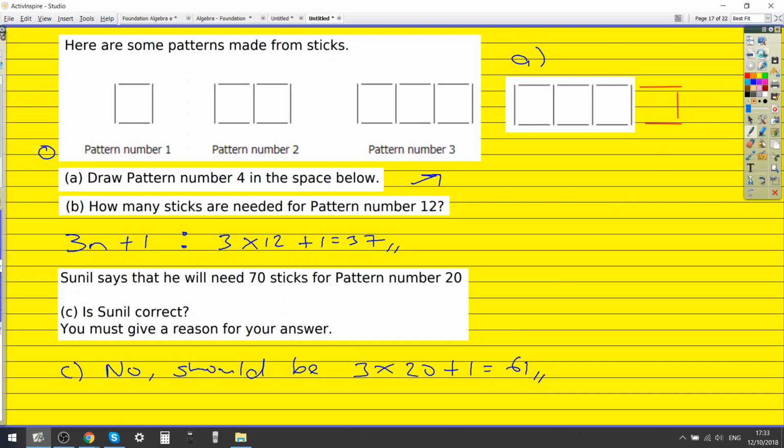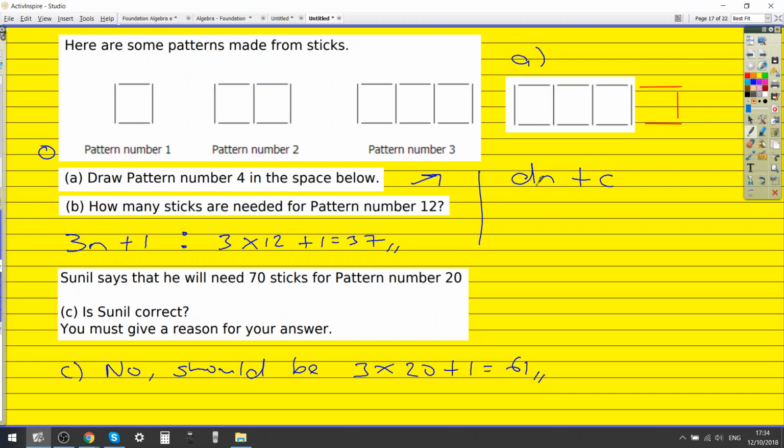Yeah. So let me just go back. For these in general, in part A, just draw on whatever extra you need. Part B is the term-to-term rule. The term-to-term rule is always dn plus c, where d is the difference each time, however many extra things you had to add on.